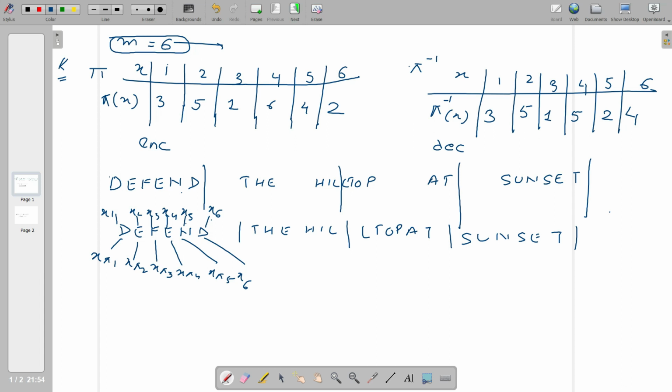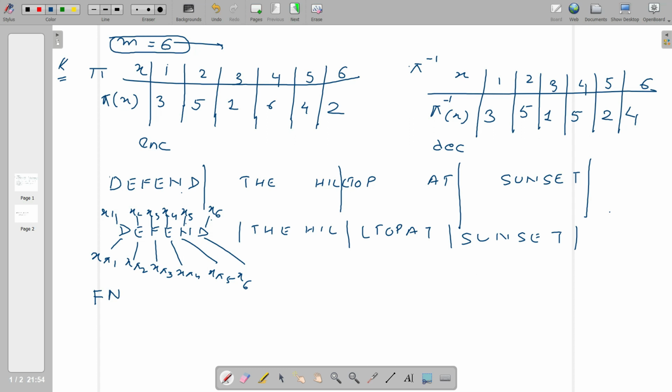What is the third one? It is f. We are just permuting it. So in place of x1 we write x3, which is f. Now x2 goes to 5, so in place of x2 we write x5, which is n.